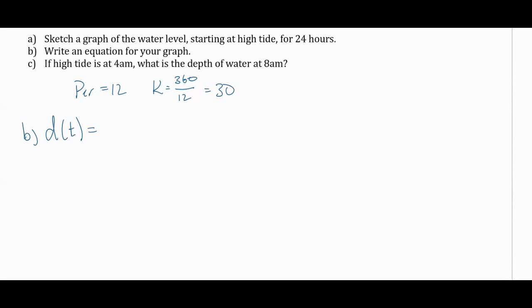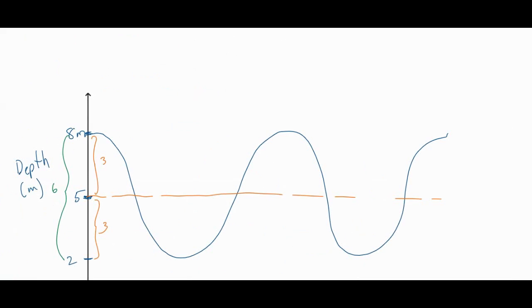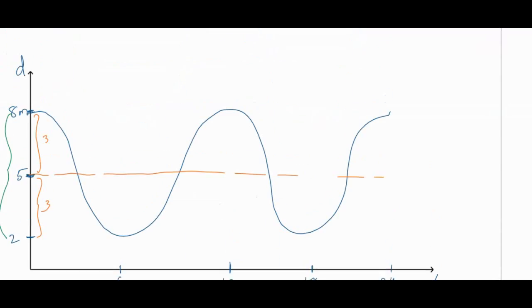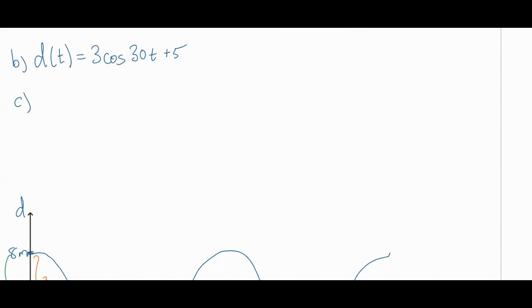Think about whether it's reflected or not before you start. 3 cos 30t plus 5.